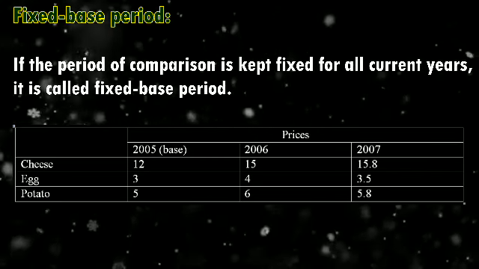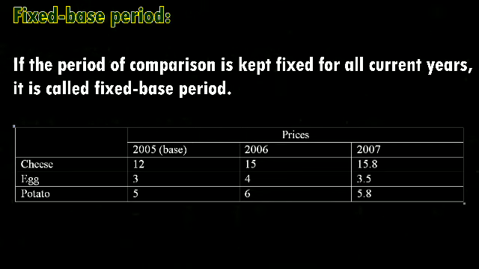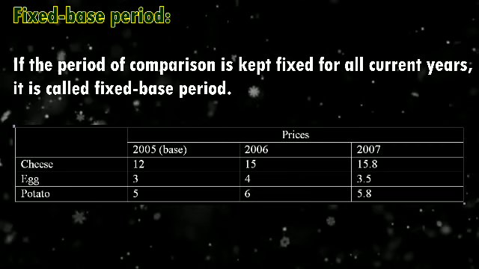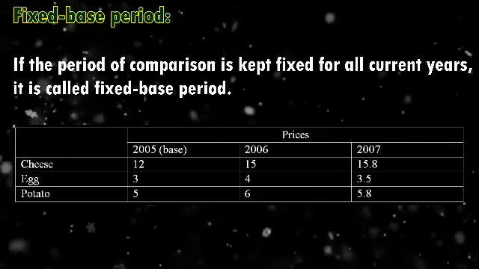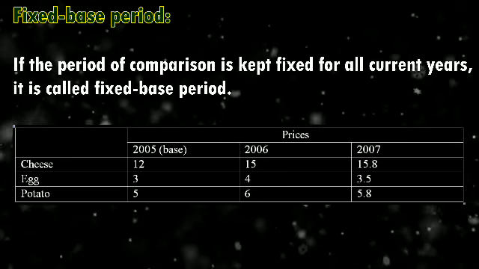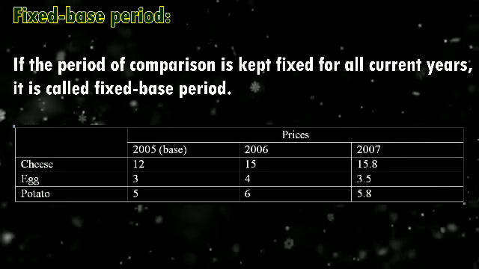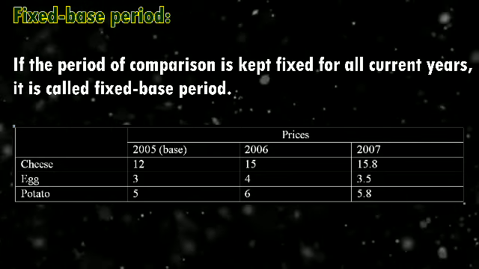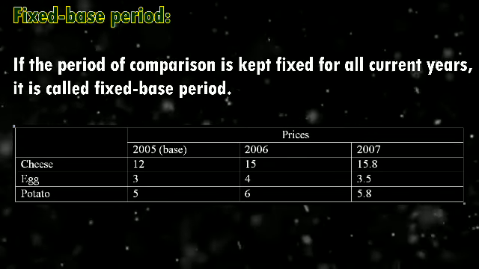First, you can compare the price values of different commodities for the year 2005 with that of 2006. While comparing 2005 with 2006 data, 2005 the previous year is the base period and 2006 will be the current period. While comparing 2005 data with 2007 data, 2005 the previous year is your base year and 2007 will be the current year.